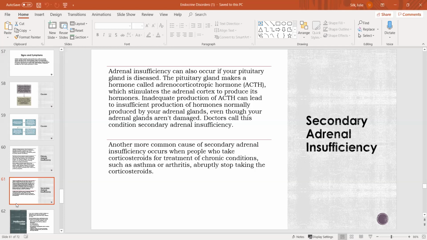So the one is, hey, my adrenal gland is messed up, and that's why I'm not producing enough of these hormones. Secondary is, hey, it's my pituitary gland up in my head that is not signaling my adrenal glands to work right. So that's kind of what that is.